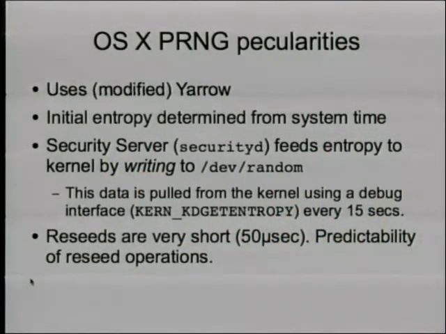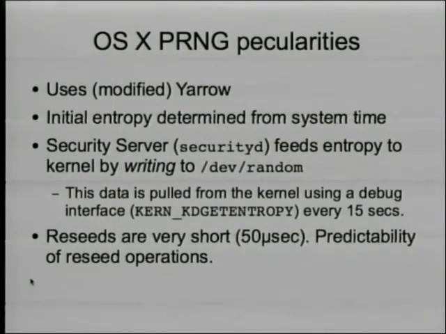Newer Intel Macs have, or all of the Intel Macs have hardware number generators in the CPU. But from what it looks like, the implementation that they've chosen doesn't utilize any of that. It just gets the entropy from the system time.